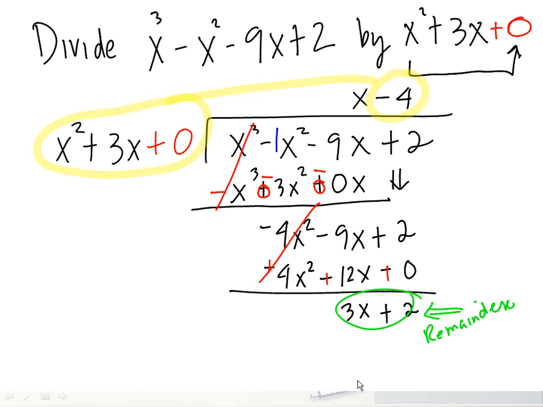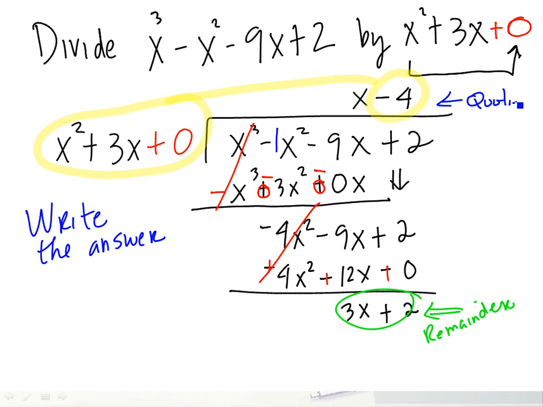So how would you write this answer? It's always the quotient. This is the quotient here. So x minus 4. Then what do I say? Put right after that quotient a plus. Please insert the plus sign.